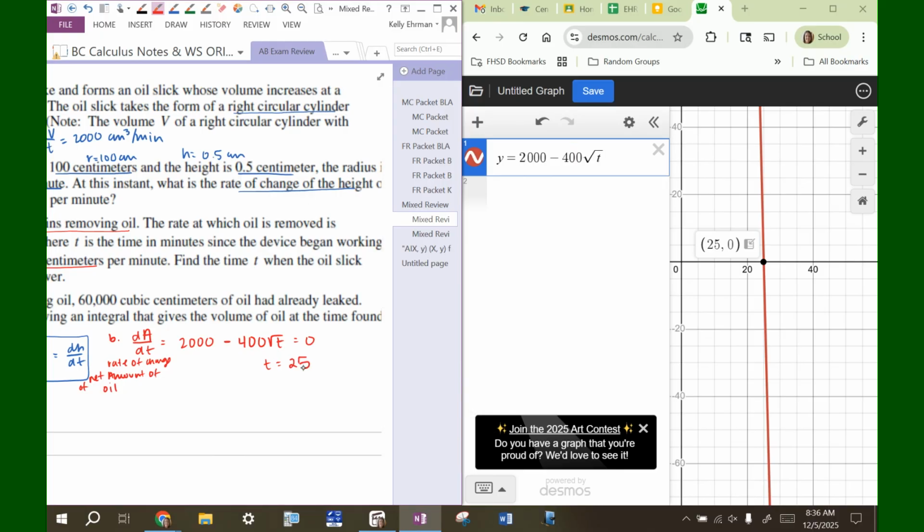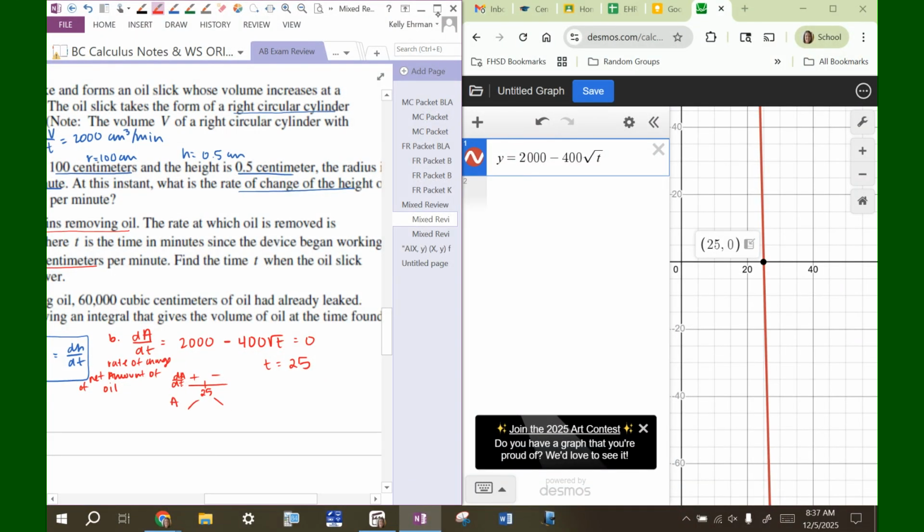I also can see on this graph that this equation represents dA/dt. The amount of oil that's sitting there is positive and then negative. So your dA/dt goes from positive to negative at 25. That means that the amount sitting there is increasing then decreasing.